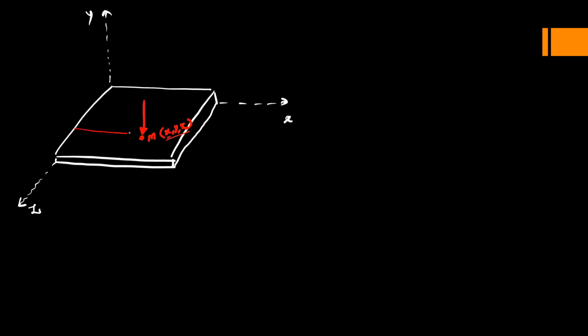So this distance is nothing but the X value, and this distance is the Z value. Y is 0 because the point M will lie in the XZ plane. So this is the XZ plane. For any point in the XZ plane, its Y coordinate is 0.